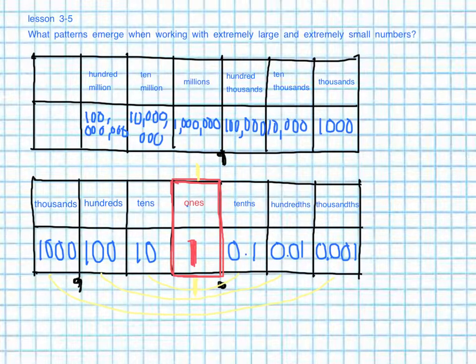Our next column is going to go to a singular event again, and this column is the biggest column we're going to talk about, and that is billions. Billions goes right there, and billions looks like 1 with 9 zeros behind it.